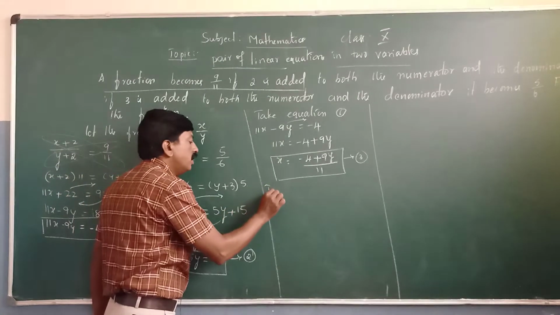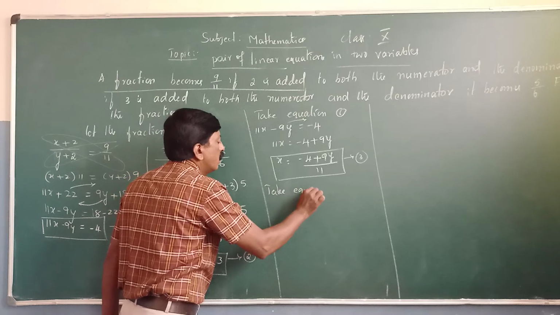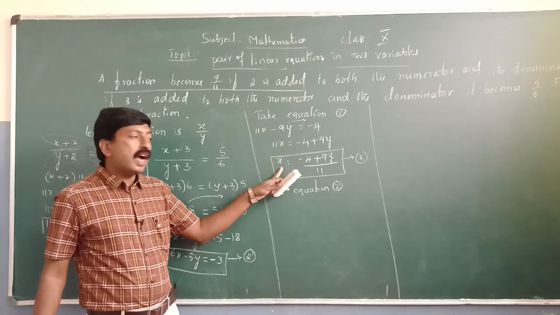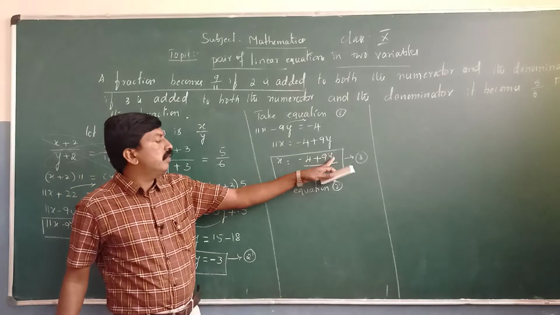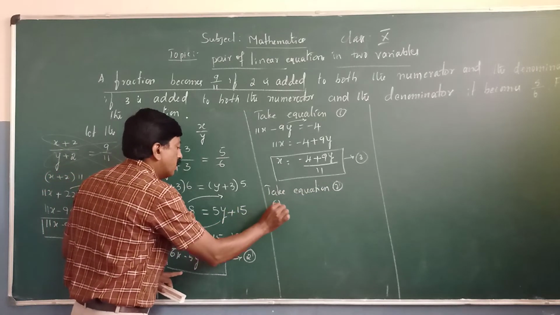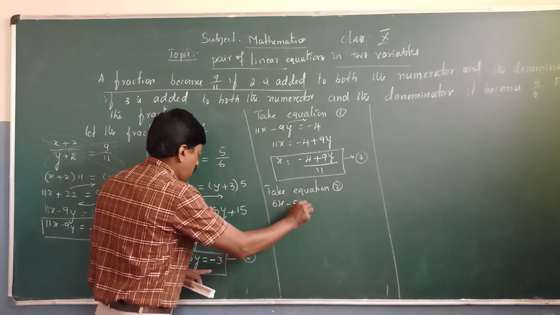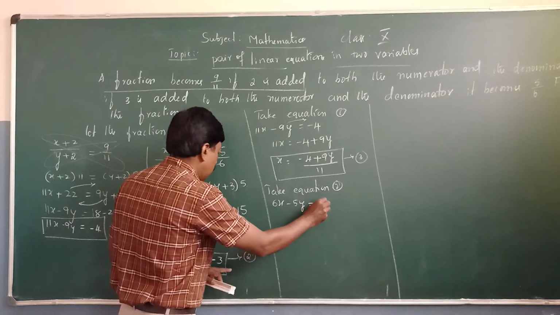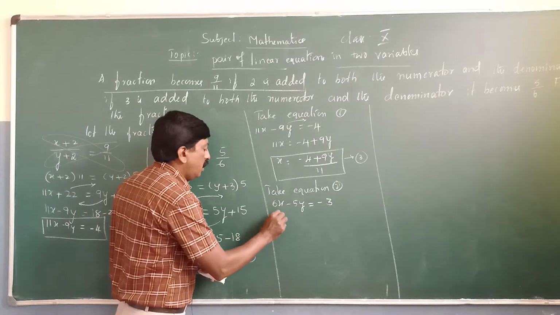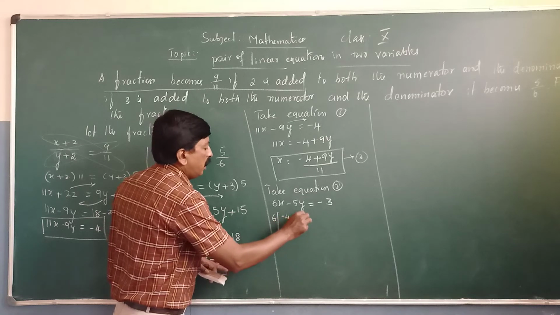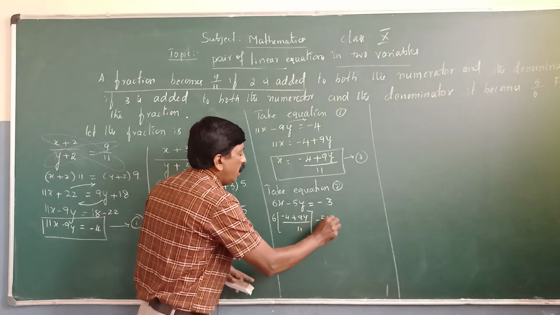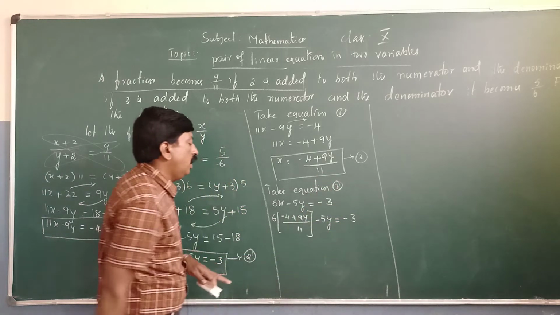Now take equation 2 and substitute the x value as (minus 4 plus 9y) divided by 11. Which is that equation 2? 6x minus 5y is equal to minus 3. Here you can substitute the x value. 6 times (minus 4 plus 9y) divided by 11, minus 5y is equal to minus 3.